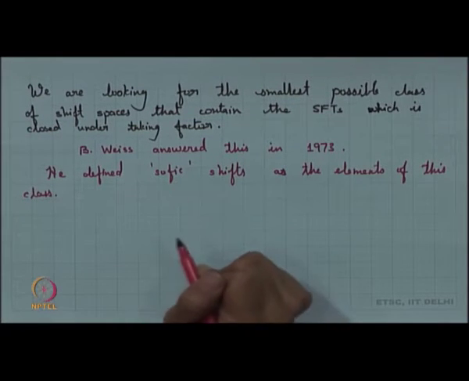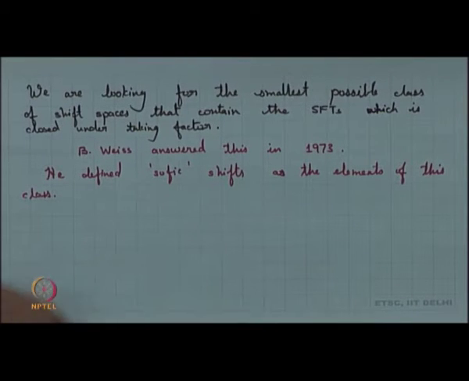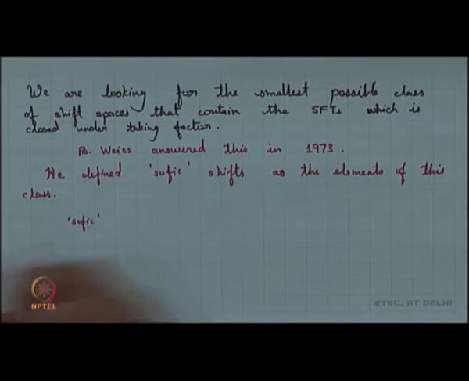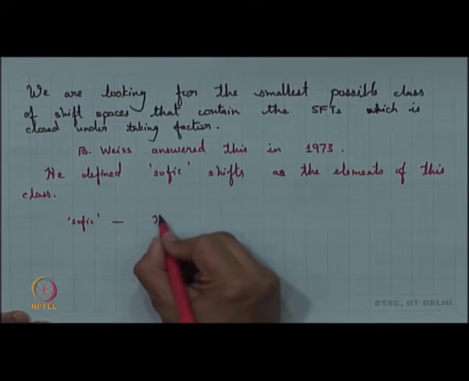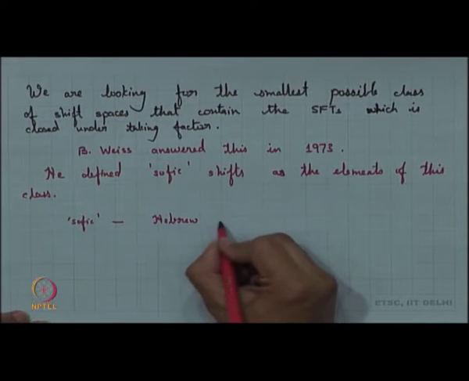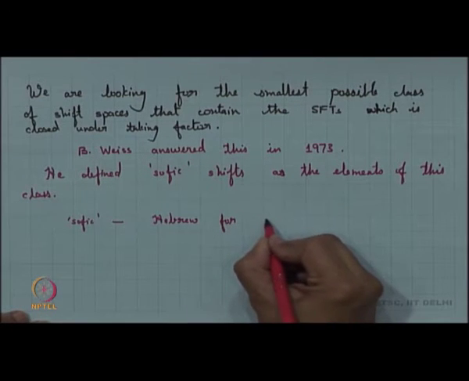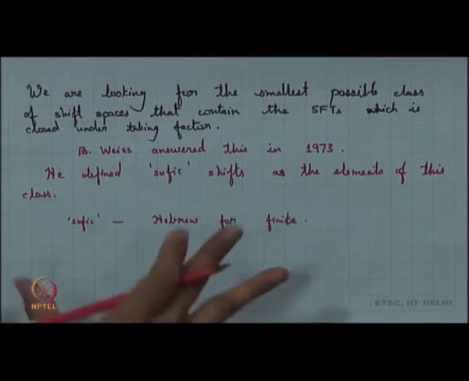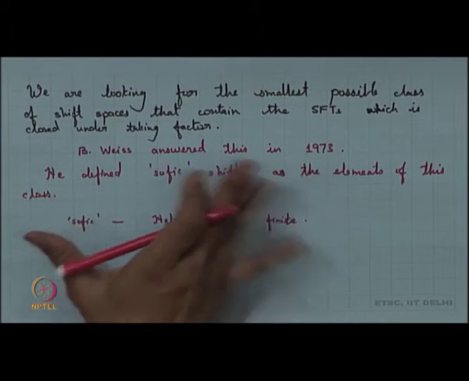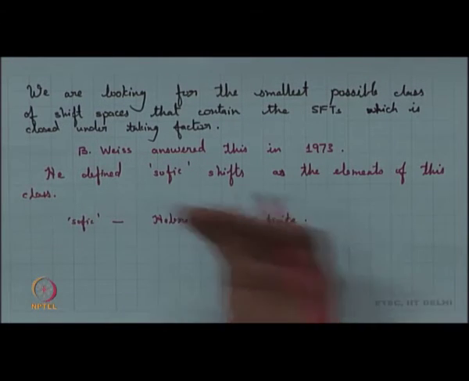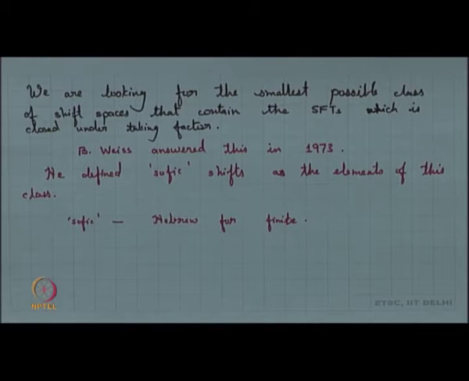Now, I just want to say something about the word Sophic here. This word Sophic is basically a Hebrew word, and this Hebrew word is for the word finite. So, there is some kind of a finite representation over here and that feature of finiteness is captured in this part, and that is why he called it Sophic shifts.